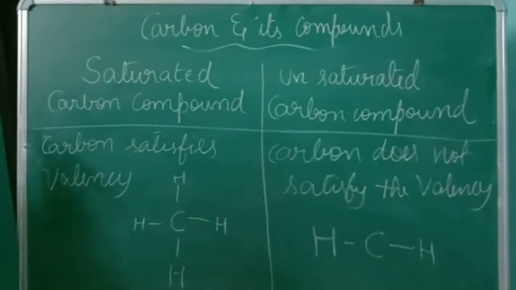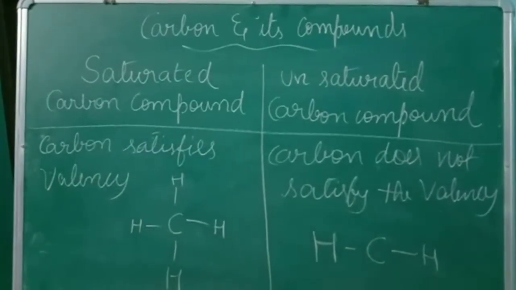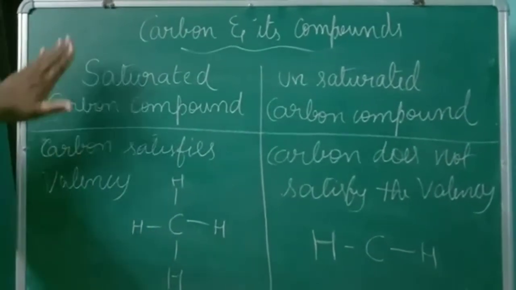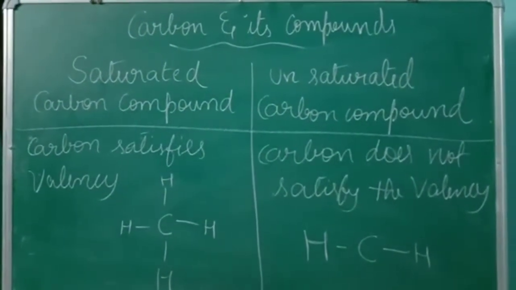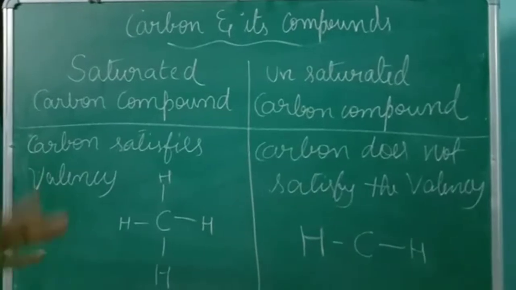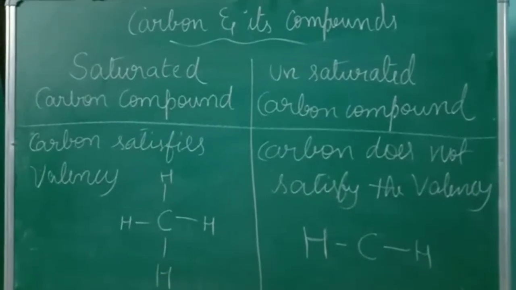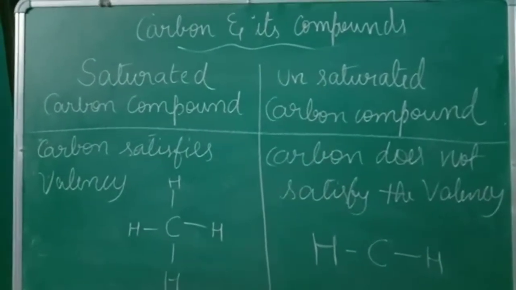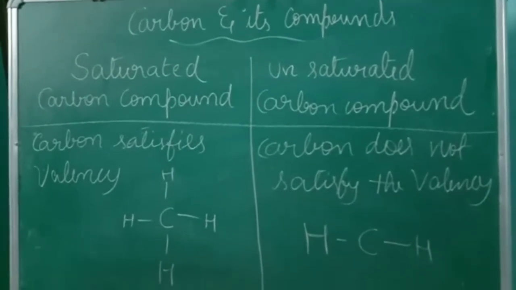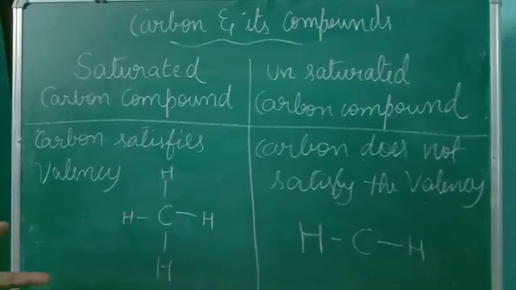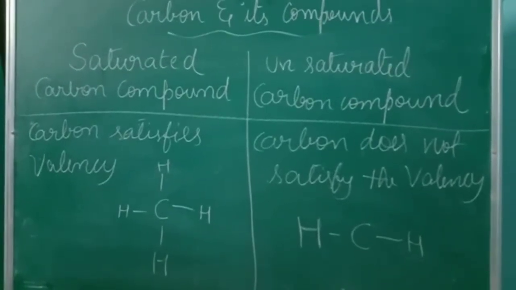So next we'll move on to two different types of carbon compounds. One is a saturated carbon compound, the other one is an unsaturated carbon compound. Now, before knowing what is a saturated and unsaturated carbon compound, we must know the valency of carbon. So what do you mean by valency? Valency is not a new topic. Why? Because you start studying valency from 7th standard itself.